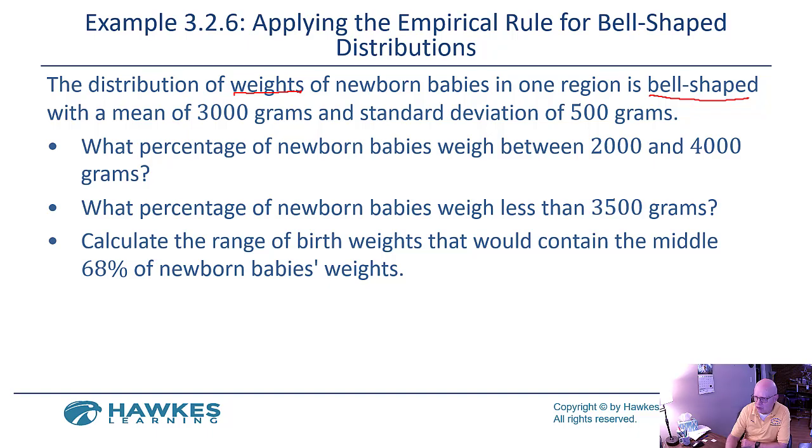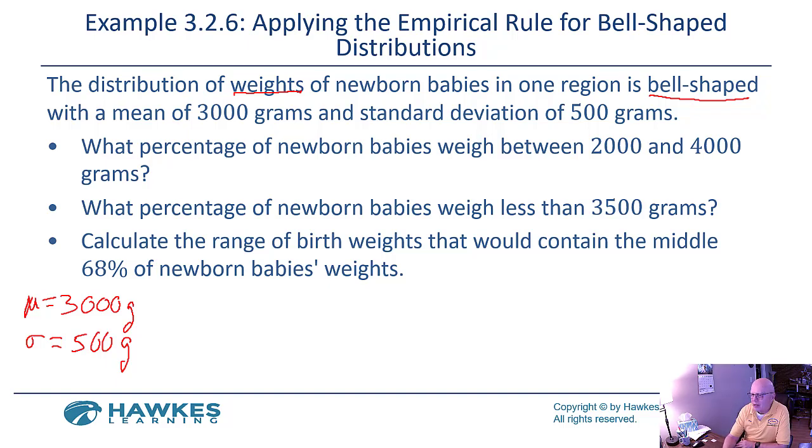Now, first thing I'm going to do is, since it says there's a mean of 3,000 grams, I'm going to write that down here so I don't have to keep looking up there. They've also got a standard deviation of 500 grams.